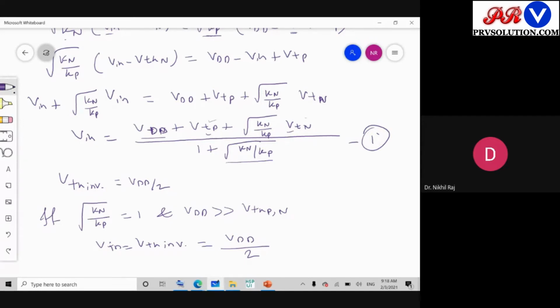Okay, so what are the basic requirements? First, my power supply should be high, and second, the ratio should be equal to 1.